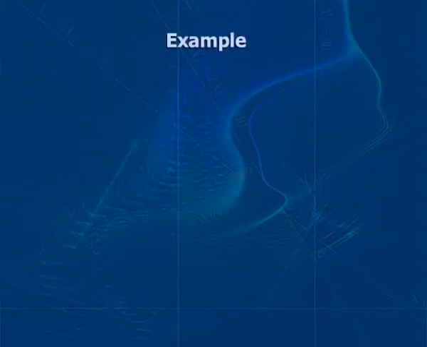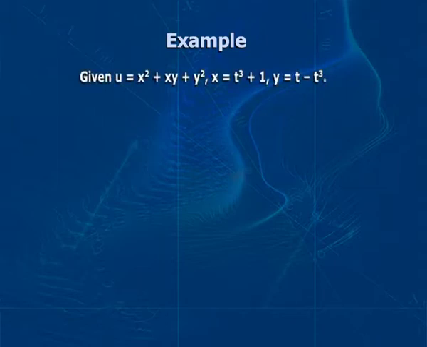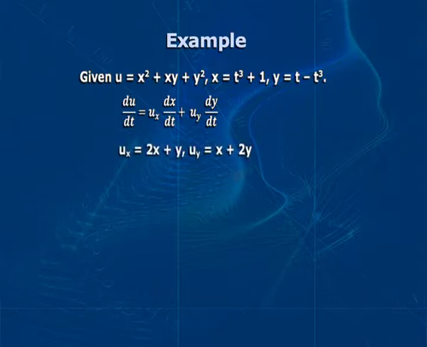Let's take an example. Given u is equal to x square plus xy plus y square, x equal to t cube plus 1, y equal to t minus t cube. Du by dt is equal to ux dx by dt plus uy dy by dt, ux equal to 2x plus y, uy is equal to x plus 2y.